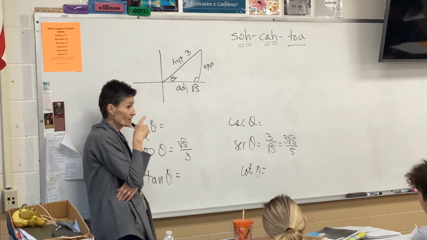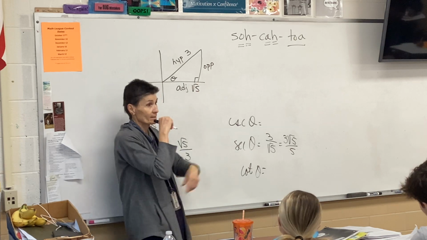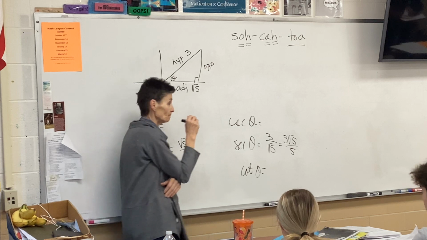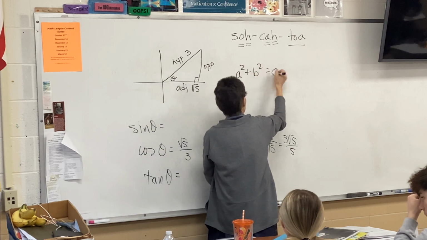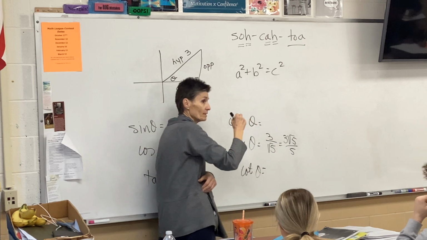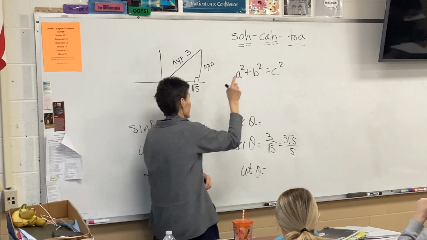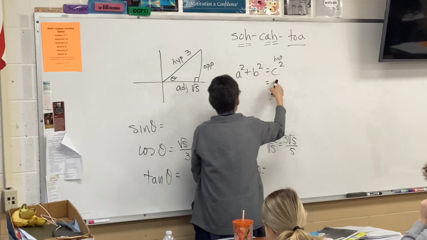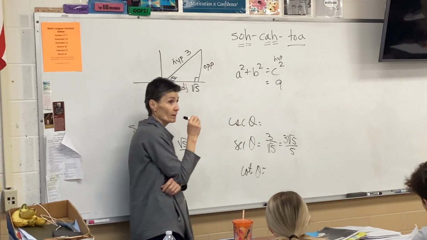Now this happened to us yesterday. We're missing something. How are we going to find that missing side right there? Josh? A squared plus b squared is c squared. So a squared plus b squared equals c squared, which is called the Pythagorean theorem. And c is always the hypotenuse. So that's going to be 9, 3 squared.